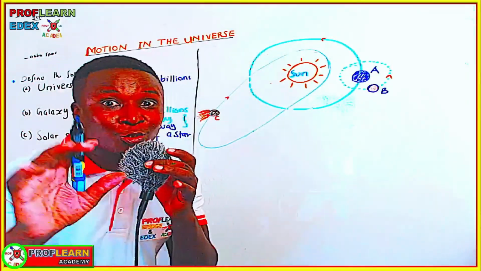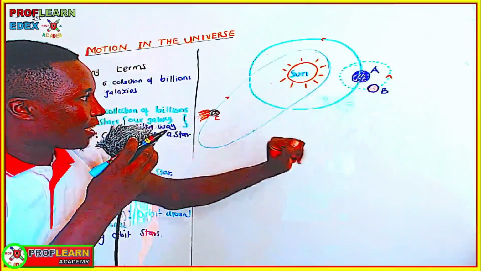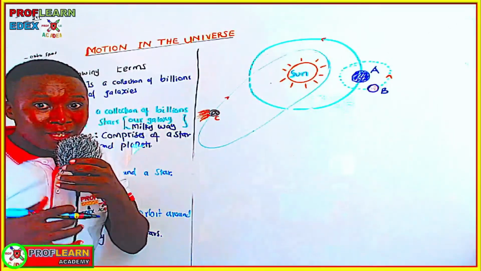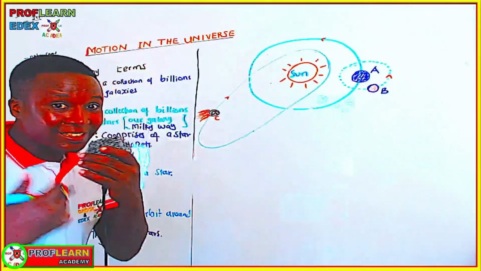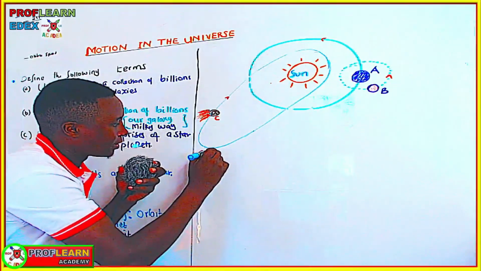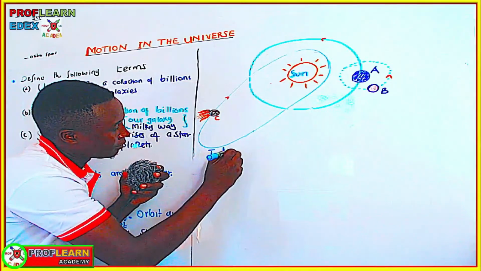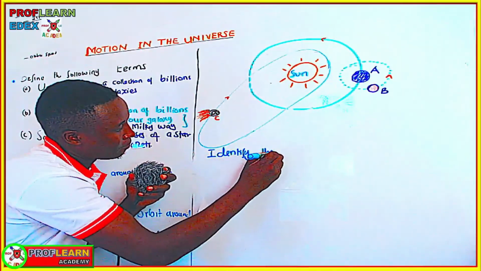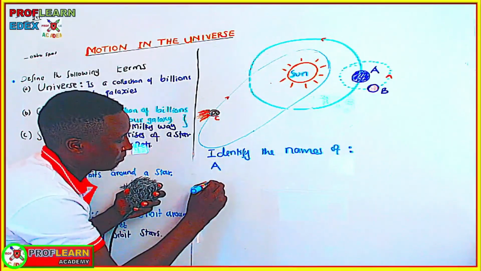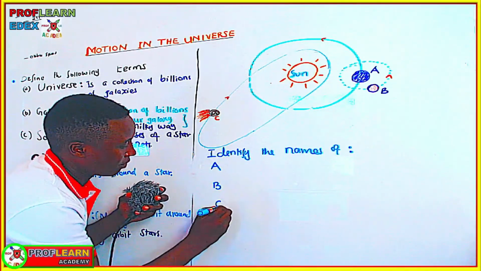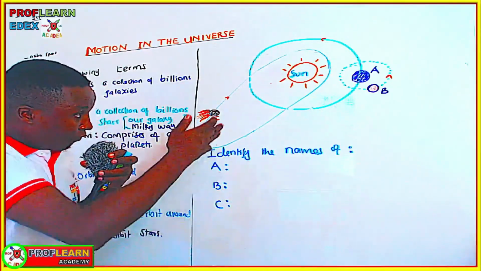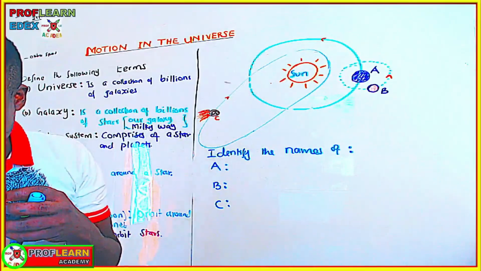You may be asked to state the name of body A, body B, and body C, and there is some reasoning you are going to use to answer this question. So identify the names of A, B, and C.